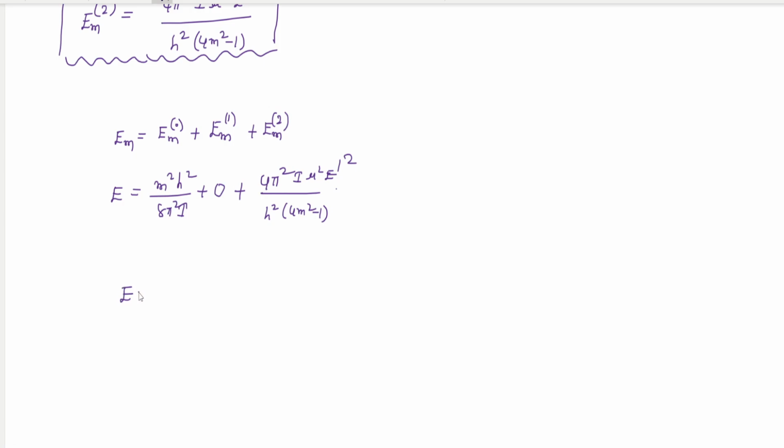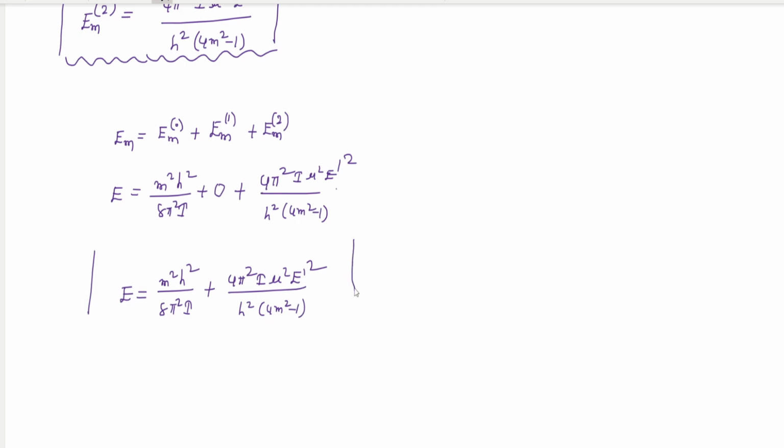So the total energy after correction is m square h square divided by 8 pi square I plus 4 pi square I mu square e prime square divided by h cross square into 4m square minus 1.